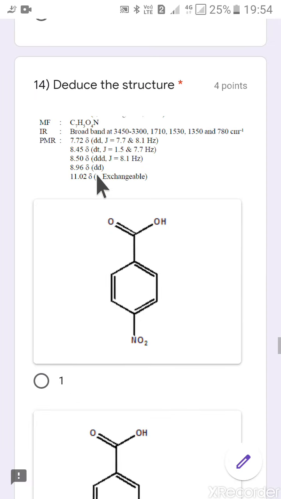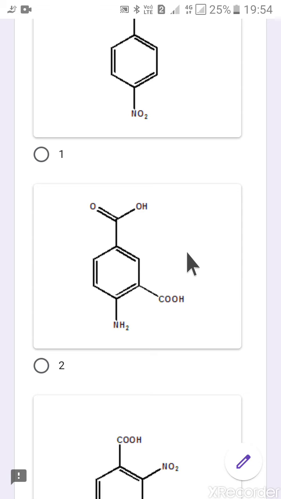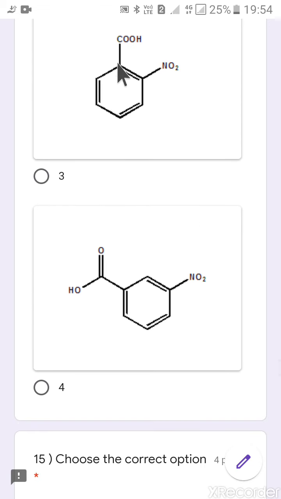So already we ruled out the first and second options. Now look at the third and fourth options. In the third option we don't have any proton with only 2 ortho protons, because this has only 1 ortho. This has 2 ortho but 1 meta, this also has 2 ortho and 1 meta, and this has 1 ortho and 1 meta.